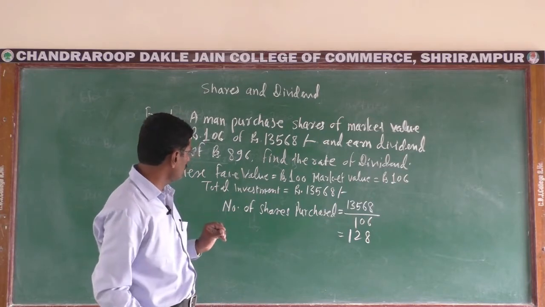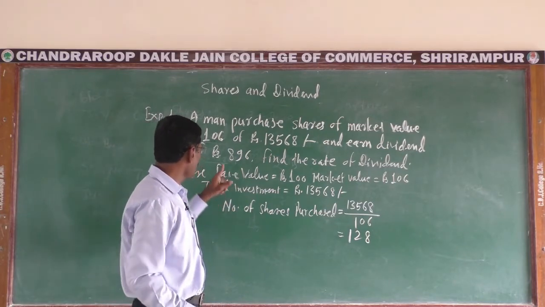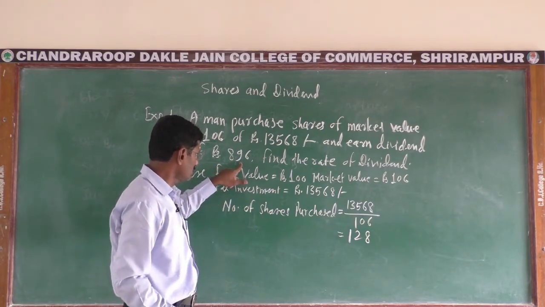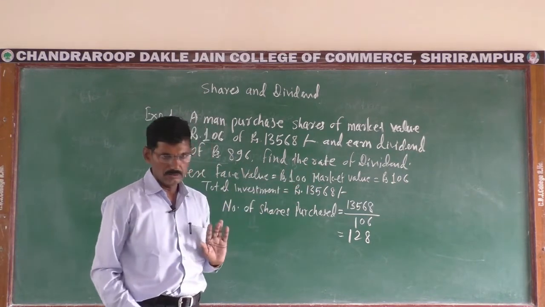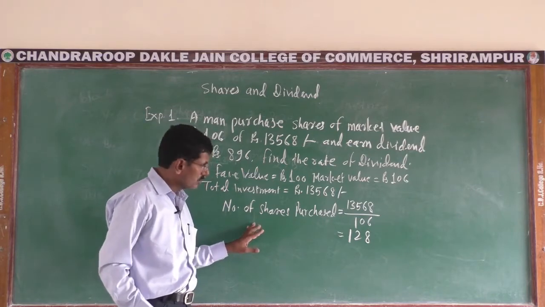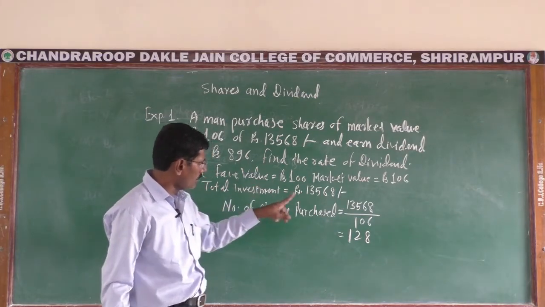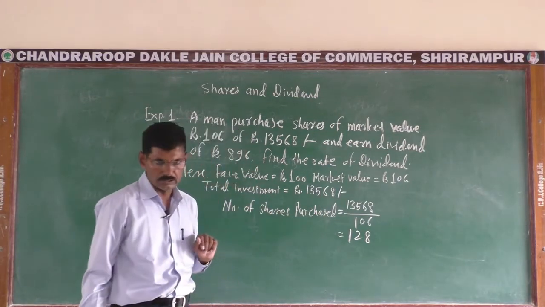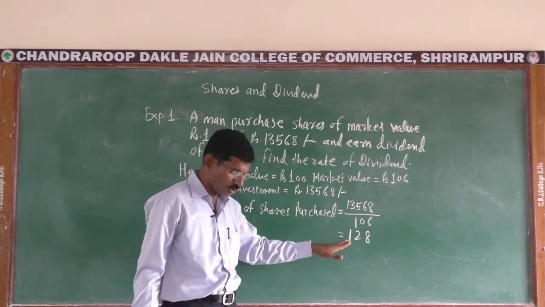A man received a dividend of rupees 896. Then find the rate of dividend. Here we know that dividend is always received on face value of shares. Dividend is always received on face value of shares.